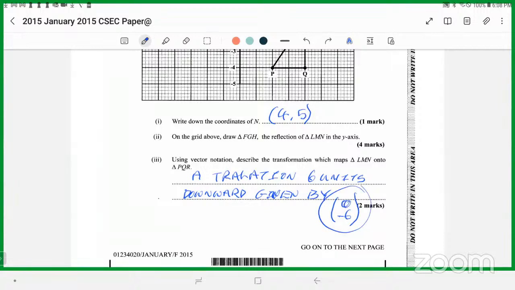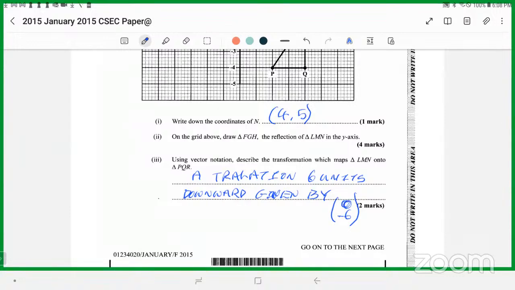That's the matrix. Okay, see, a vector notation. That's a vector notation right there, because it's only 6 units down, 0 units across. That is it.